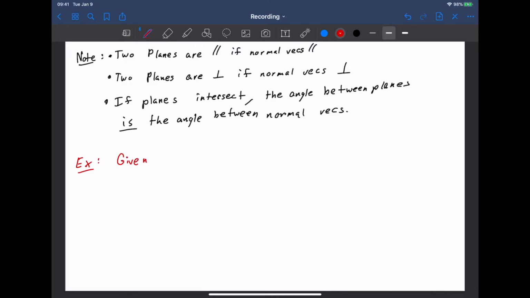Given 3x minus y plus 2z equals 2 and 2x plus 3y plus z equals 4, find the angle between the planes.